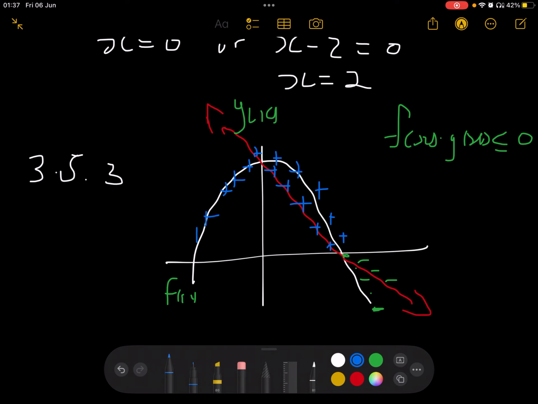All this side is positive until it gets here, then it starts becoming negative. And this one continues to be positive throughout.